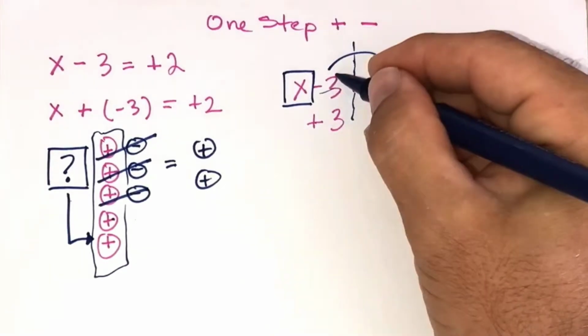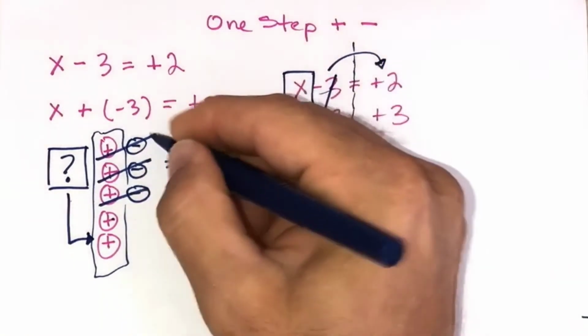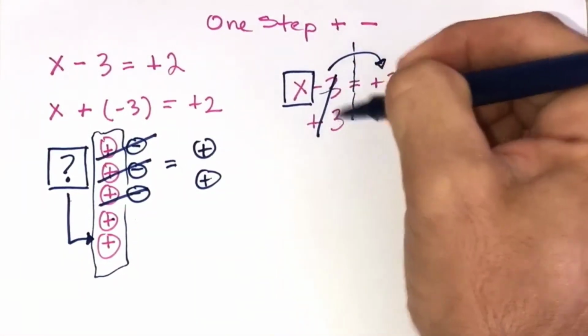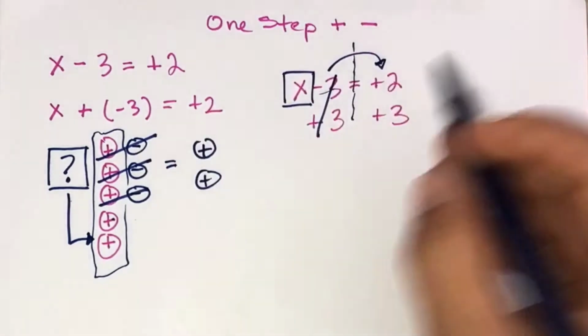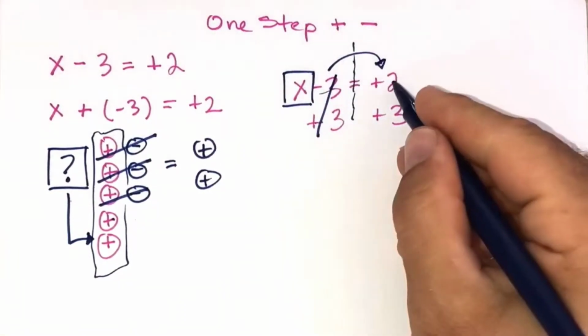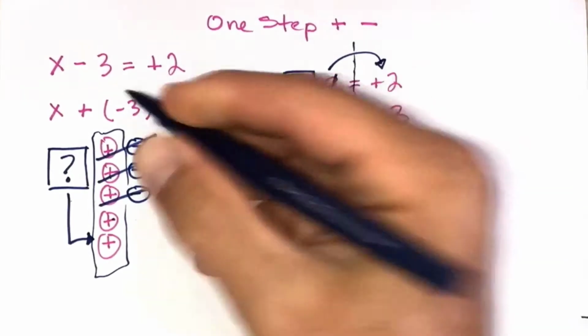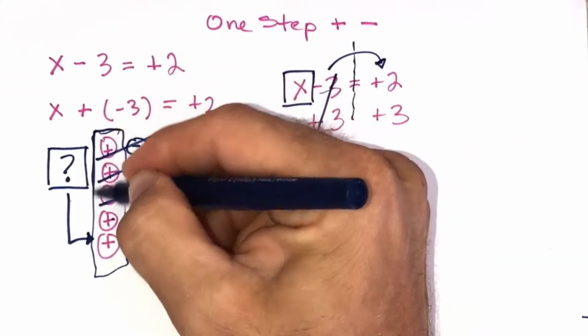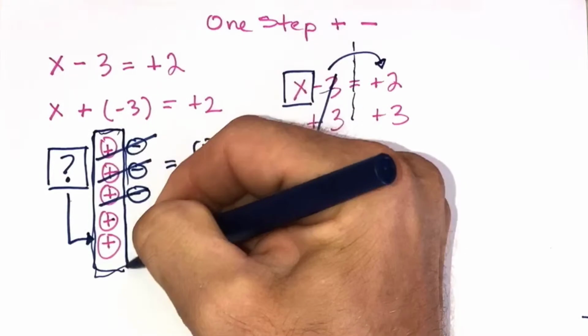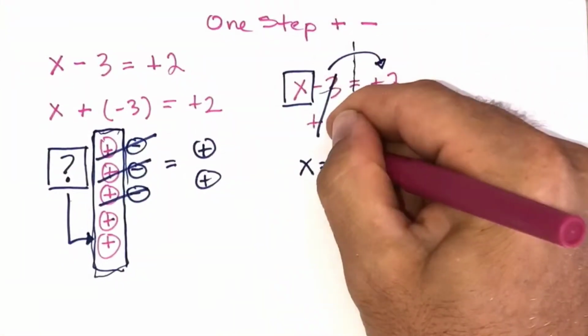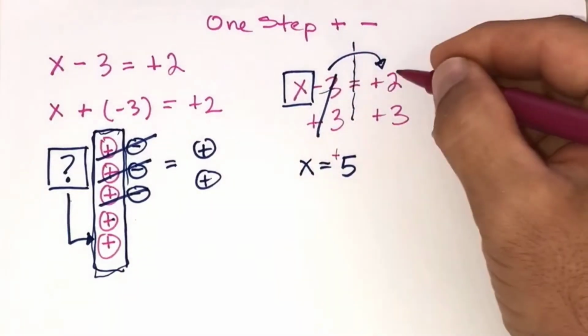This negative 3 plus 3 is the canceling out, and then 2 plus 3 left us with 5, which is what we have inside this box here. This is what we needed, these 5 positives, so that when we combined them with 3 negatives, we're left with 2 positives.